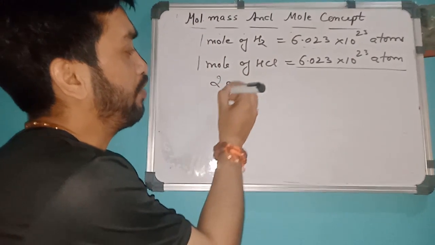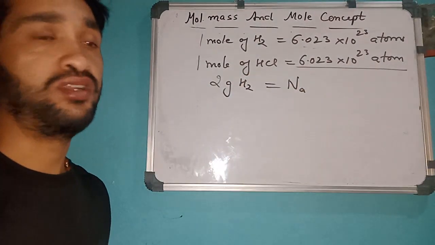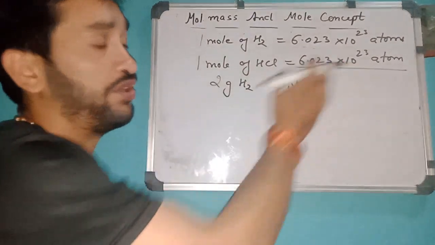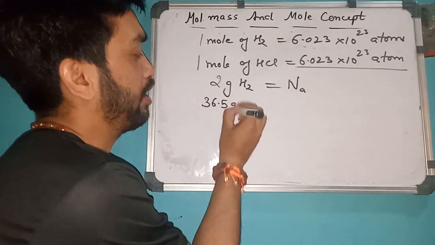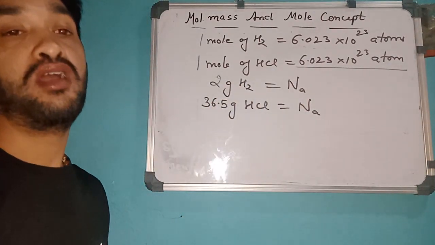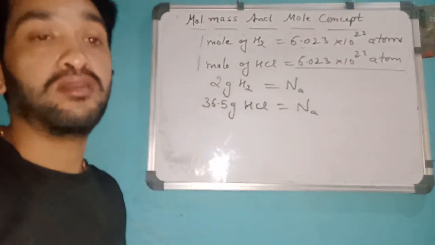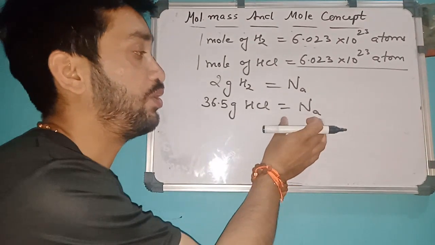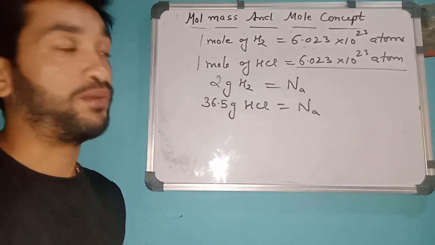It means 2 gram hydrogen is equal to Na, where Na is 6.023 into 10 to the power 23, the same quantity. Also, 36.5 gram HCl is equal to Na. This is the meaning of Avogadro's number in terms of moles. 1 mole of any compound or element is always equal to its Avogadro's number, 6.023 into 10 to the power 23.